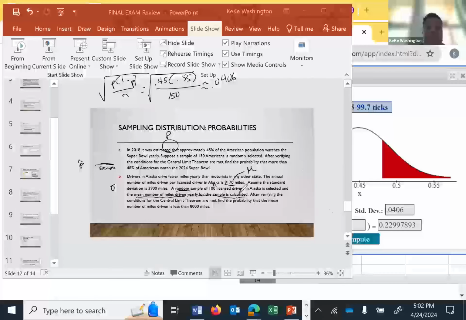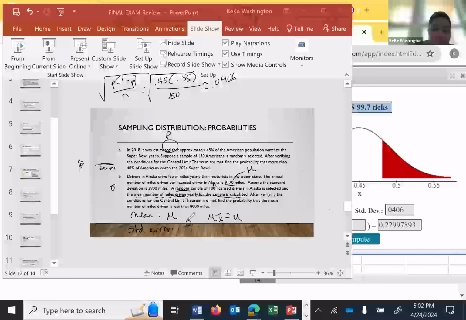Now, what does that mean? That means my sampling distribution is approximately normal. That means my mean is the same as mu. That's mu of X bar. The average of all of my statistics should be the same as my population mean. And my standard deviation converts to standard error, and that will be sigma divided by the square root of n.